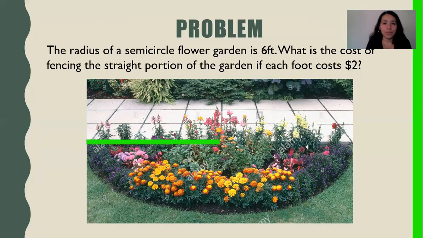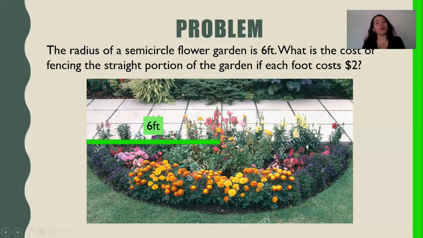3 feet. Okay, so if this is the radius, it tells us the radius is how long? 6 feet. So we know that our diameter would be how much? 12.